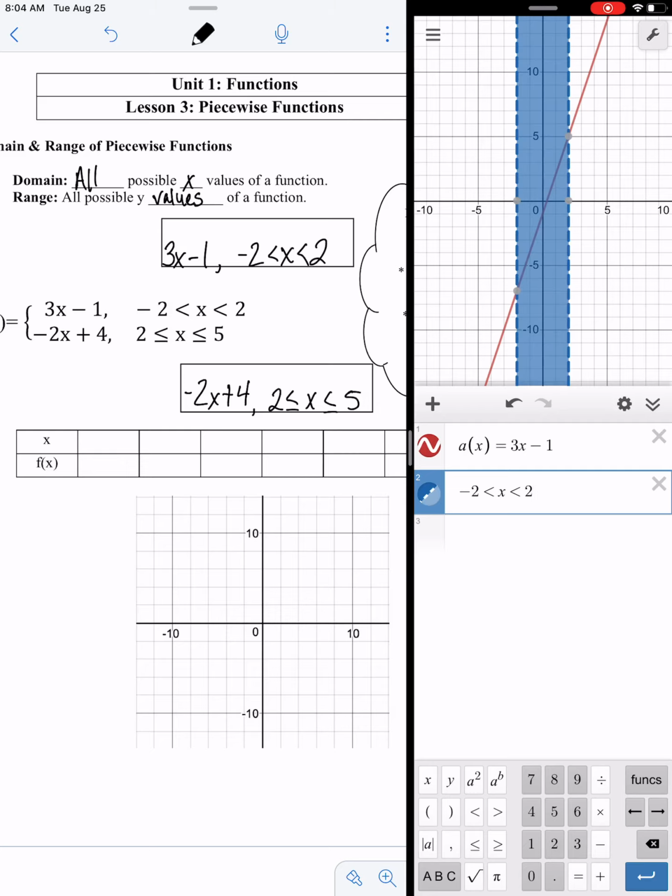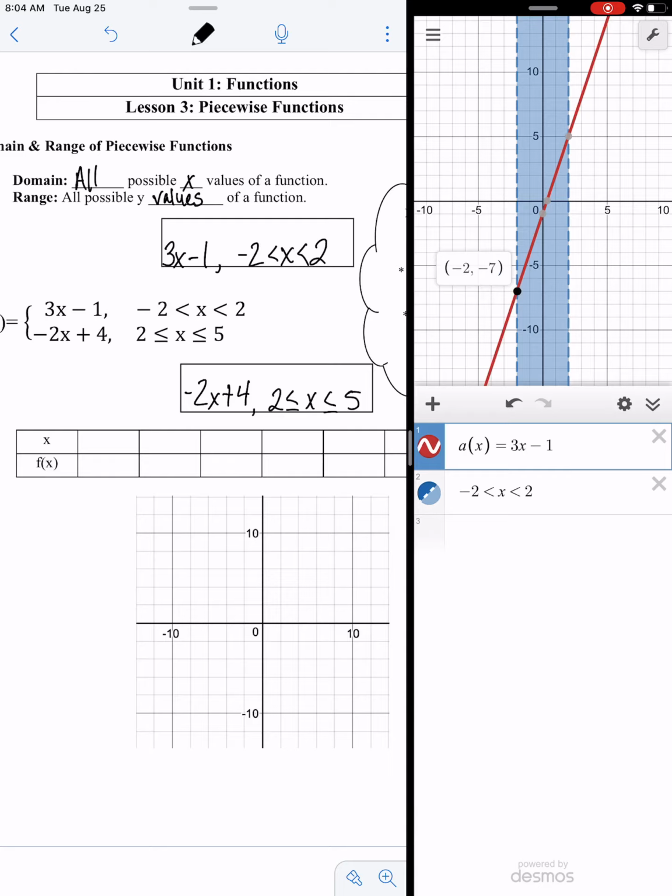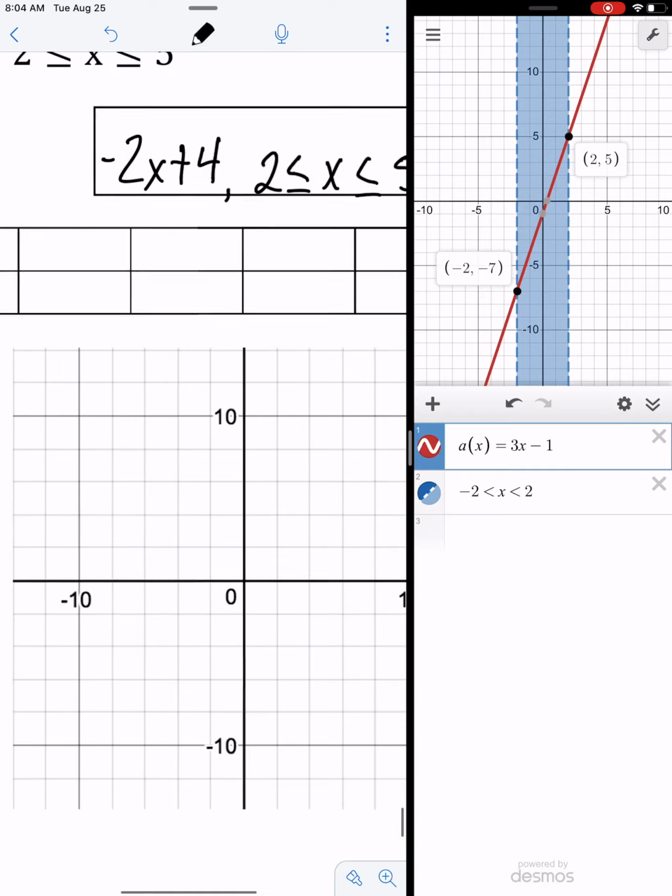Okay, so this time, again, you want where the shading and your function that you type in, a of x, b of x, or c of x, in this case a of x, intersect. So -2, -7, and 2, 5. Again, always start with open dots. -2, -7. Then 2, 5.